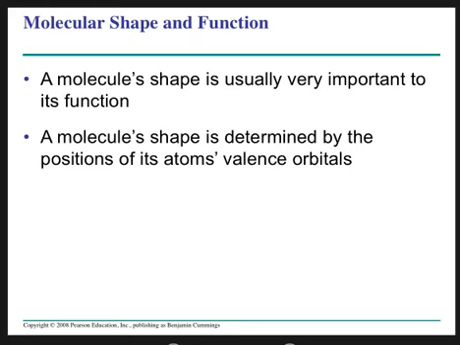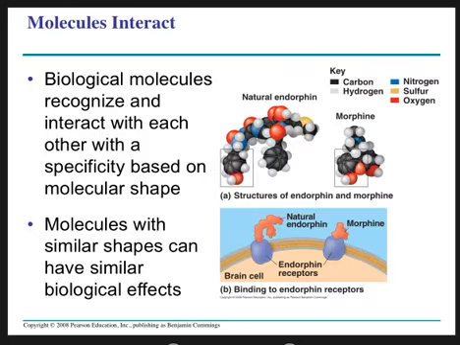A molecule's shape is determined by its atoms, the positioning of its valence electrons, and how its valence orbitals fit together. Some can have very similar structures, but not be the same exact group of atoms or elements or molecules. So in this image, we have that interaction. And the shape is important because of interaction.